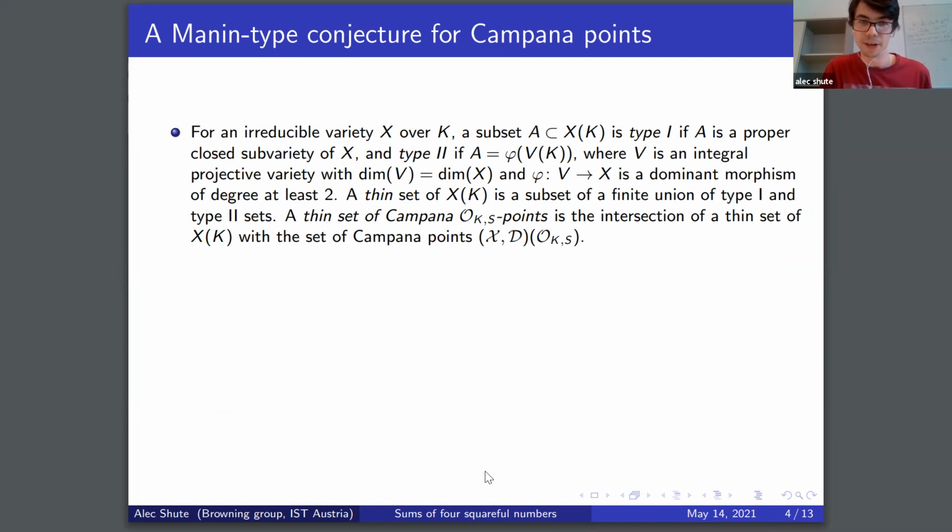Given an irreducible variety X over K, a subset A of the rational points is type 1 if A is a proper closed subvariety, and type 2 if A is the image of a dominant morphism of degree at least 2 of the rational points on some other projective variety V, which has the same dimension as X. And then the thin set of Campana points is simply the intersection of a thin set of rational points with our set of Campana points.